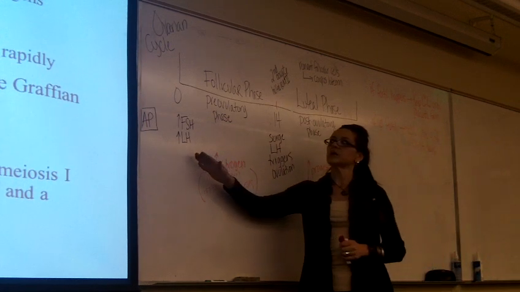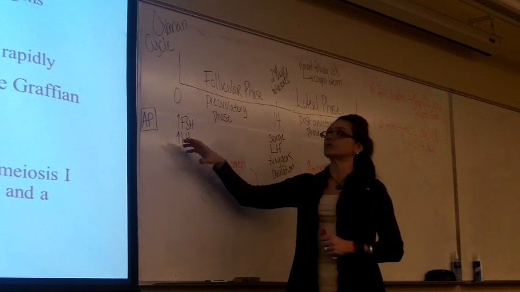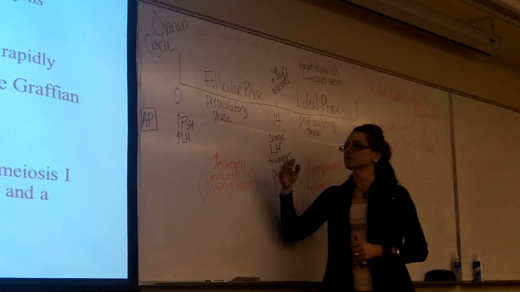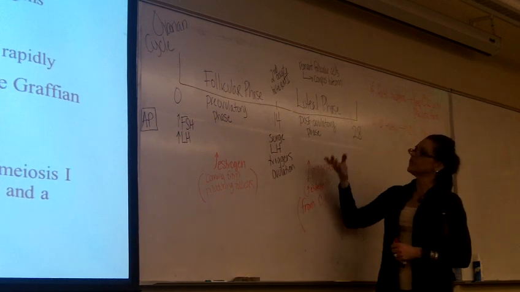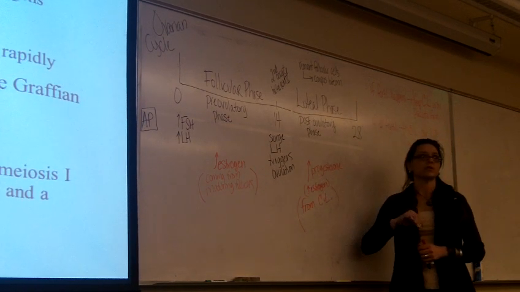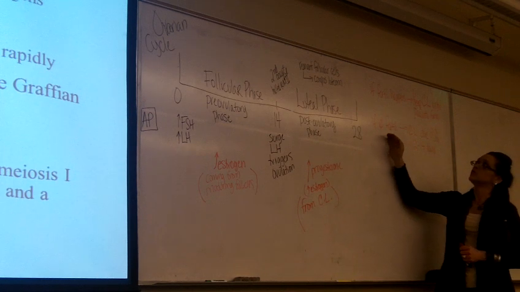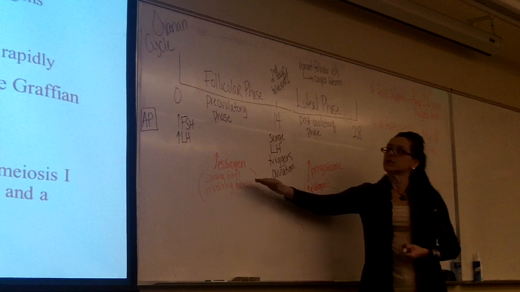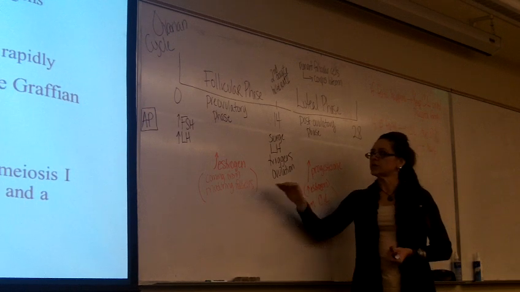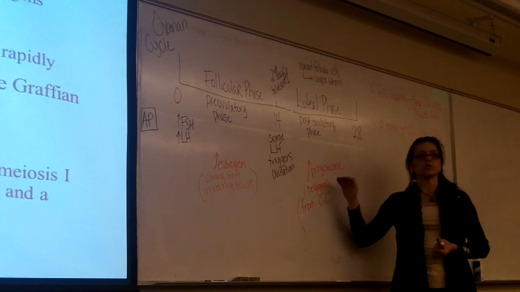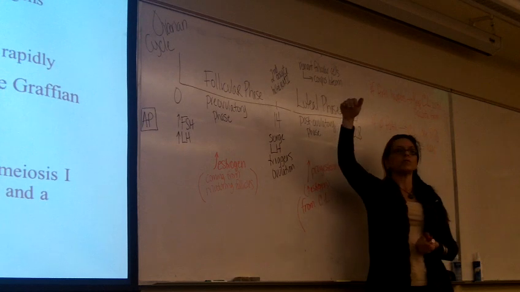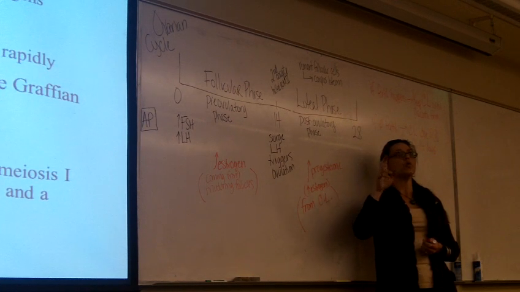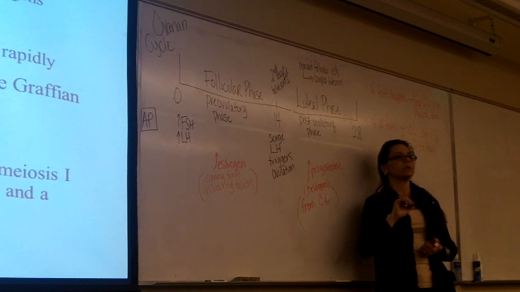So at the beginning of the cycle, FSH and LH levels are high, and that's going to cause estrogen levels to start to rise. Corpus luteum forms, progesterone levels are going to start to rise. As estrogen and progesterone levels rise, that's going to go up to the hypothalamus and tell it to make less GnRH.